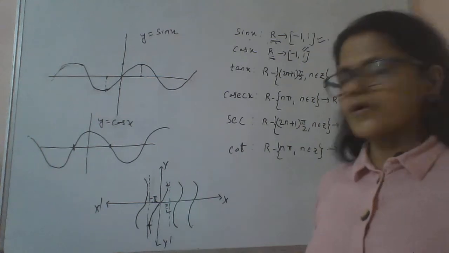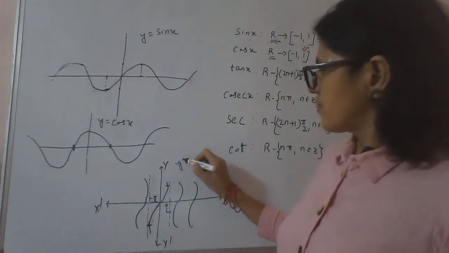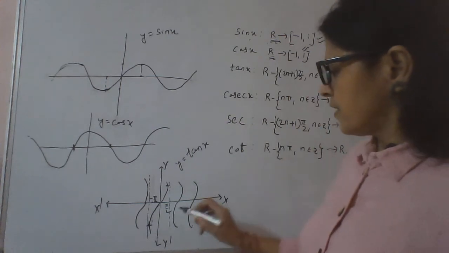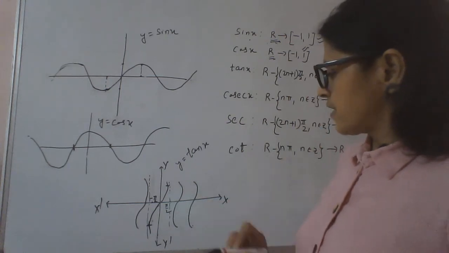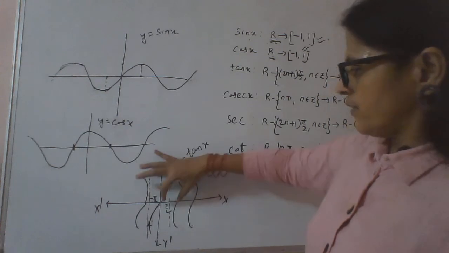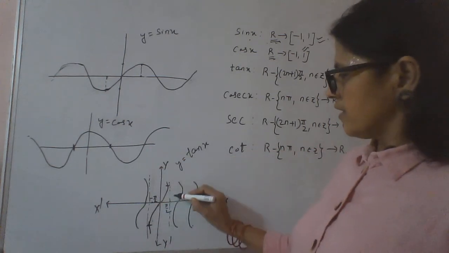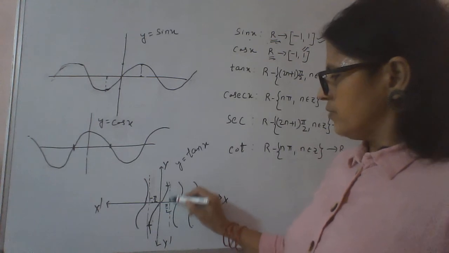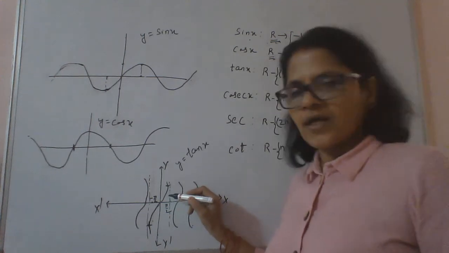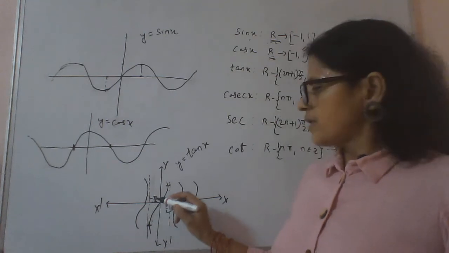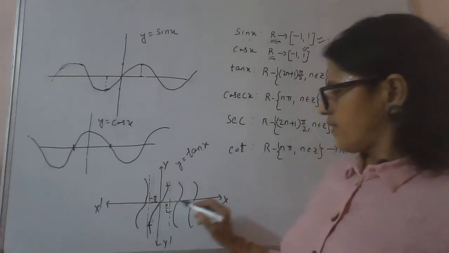And whenever you come to y equal to tan x, you can observe here that there are breaks. The graph is like this, and in between this portion we don't have anything. It means at x equal to pi by 2, tan x is undefined, as we know. At x equal to minus pi by 2, tan x is not defined.